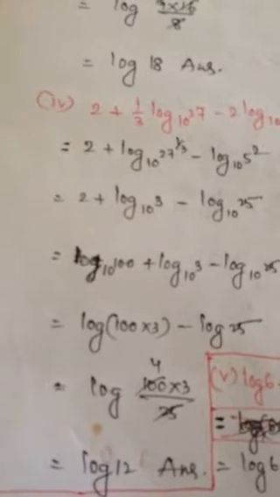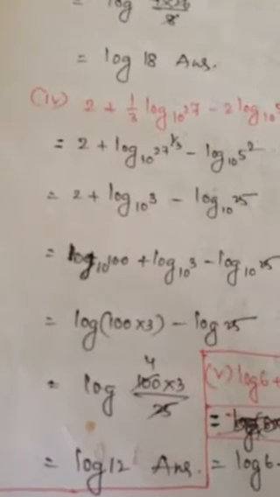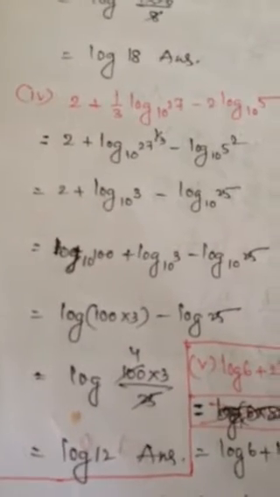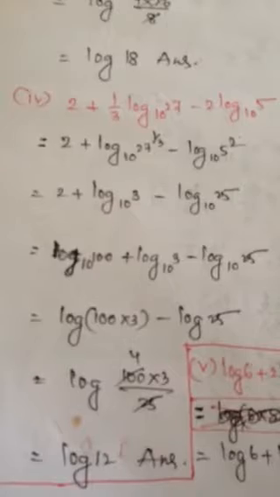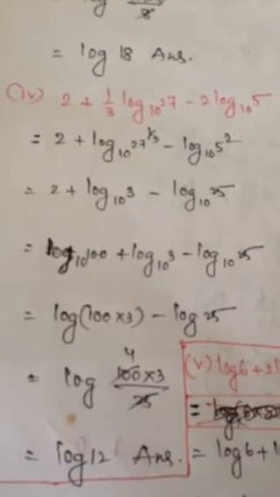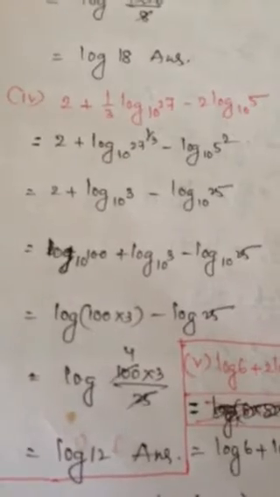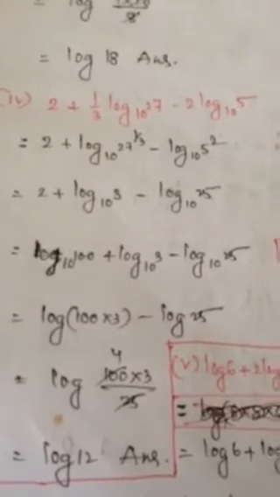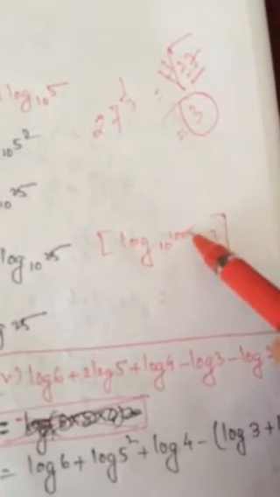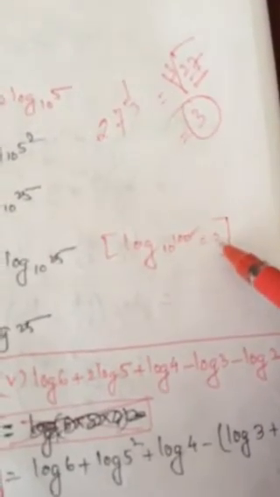However many zeros there are, that is the value. If there are 2 zeros, the value is 2. Log of 10,000 has 4 zeros, so the value is 4. Got my point? So log of 100 to the base 10 is always 2.